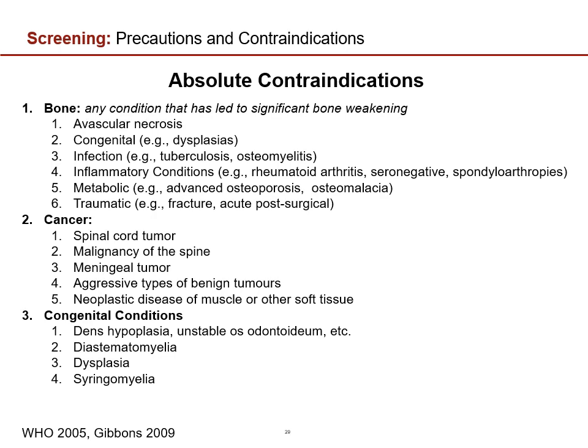Cancers, any form, so spinal cord, malignancy of the spine, meningeal tumors, aggressive types of benign tumors, even outside of the spine, a neoplastic disease of muscle or soft tissue.